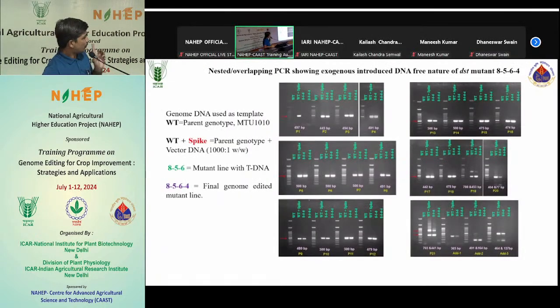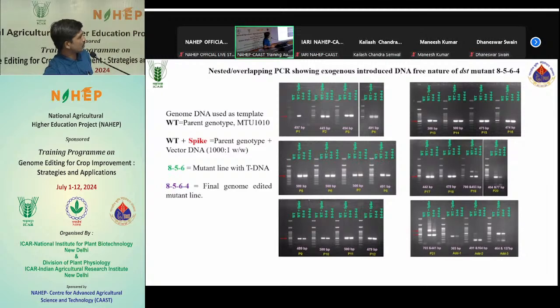After checking, as I told, I made almost 52 different primers, and each primer was run with these 4 samples: wild type, wild type with spike, Cas9 positive, and Cas9 negative.